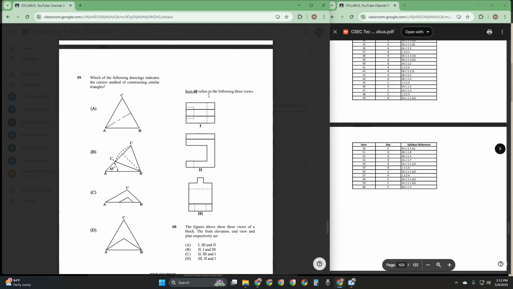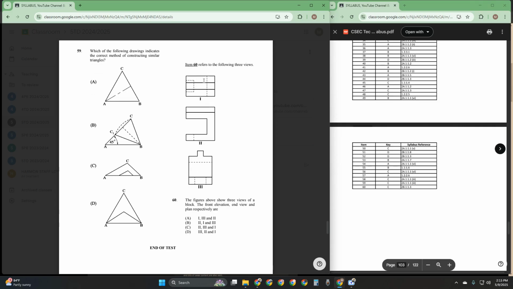And number 60 refers to the three views. This is view 1, view 2, and view 3. The question says, the figures above show three views of a block. The front elevation, the end view, and the plan respectively are... Oh, okay. So they want us to guess which view is which.